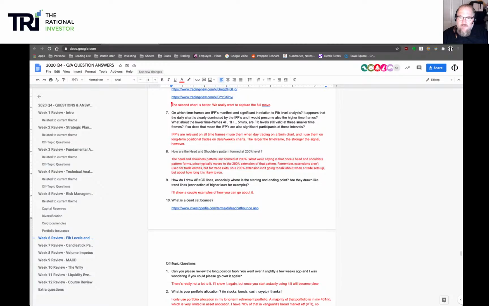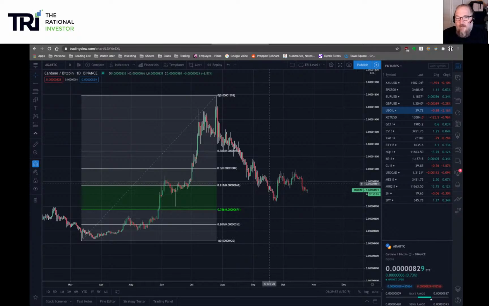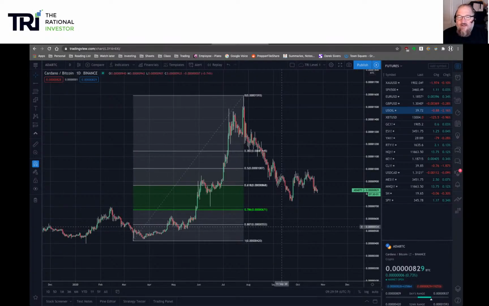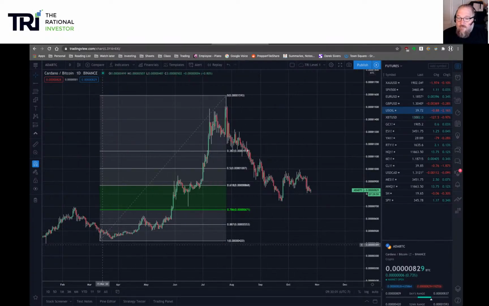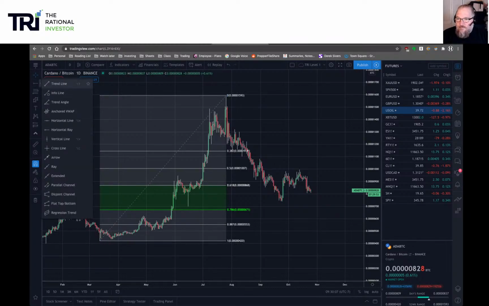How do I draw ABCD lines, especially where's the starting and ending point? Are they drawn like trend lines connecting higher lows, for example? For a bullish ABCD, you're going to go from the low to the high. Let me just draw it on here.